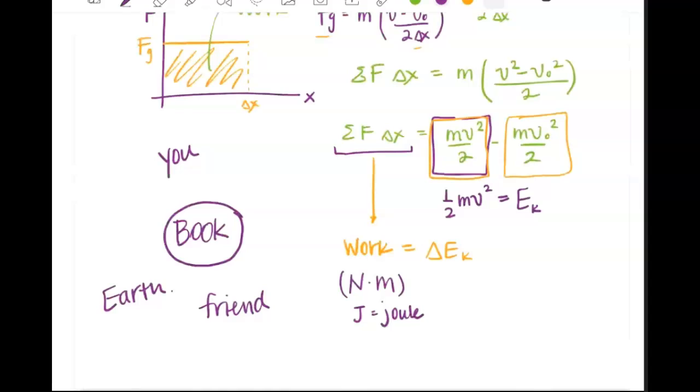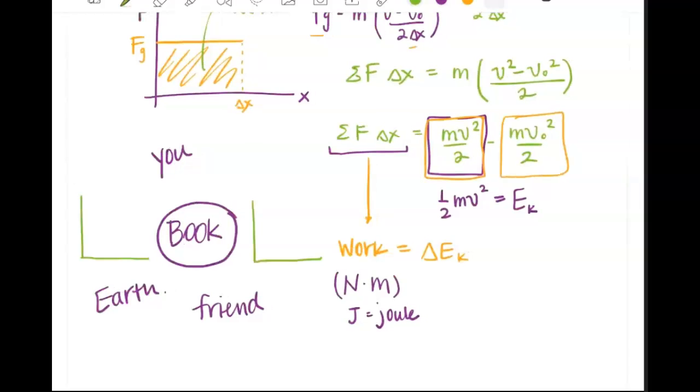So what I'm going to do is create an axis over here and an axis over there, where this will be the initial conditions, and this will be the final conditions. Okay, so initially, I know that the book is just being held.